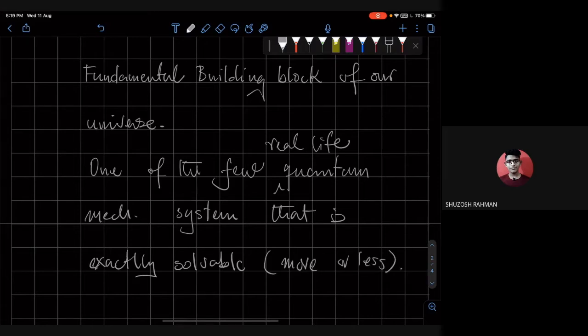Even there are subtleties that quantum mechanics is not able to handle very easily.